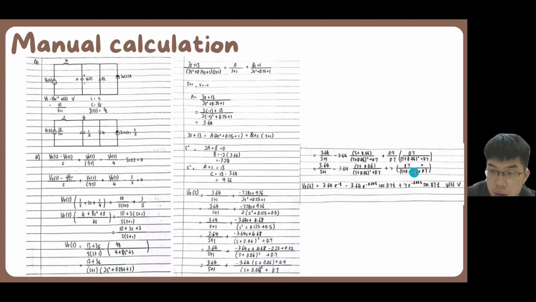So for the sin, the W needs to be the same. So we just divide by 0.7 like this. And finally we get this answer. That's all for me. Thank you.